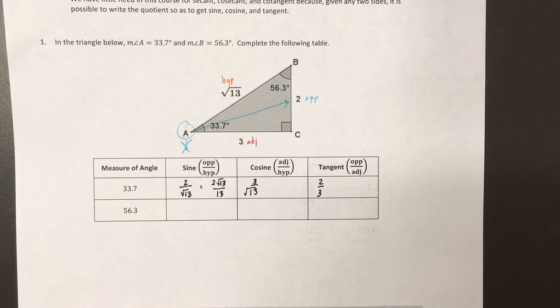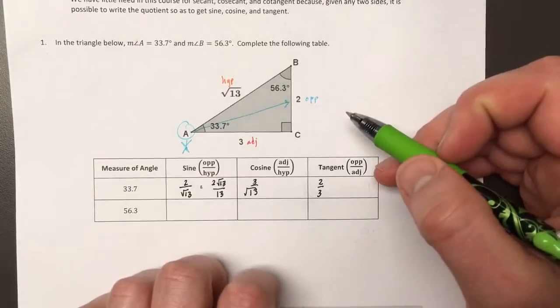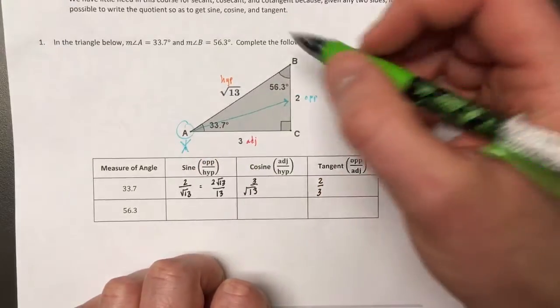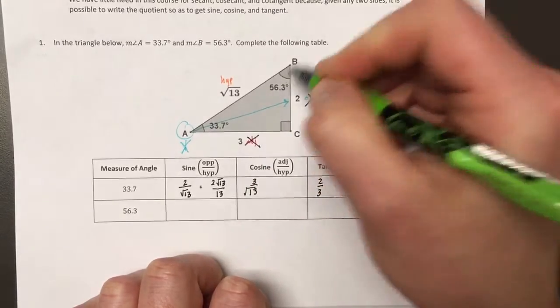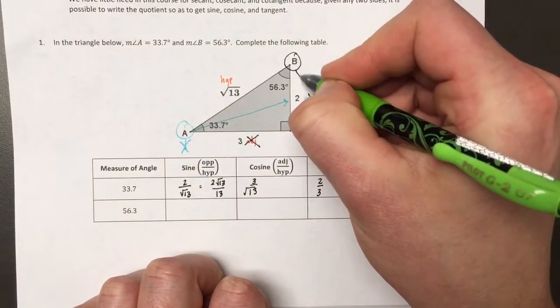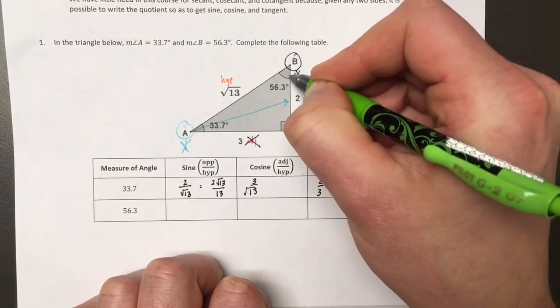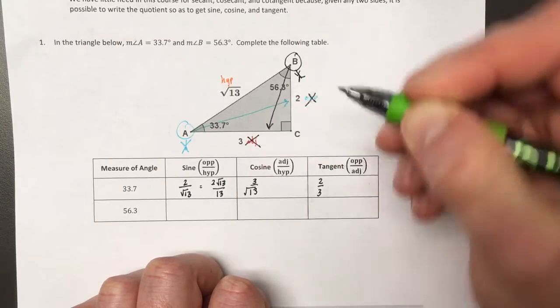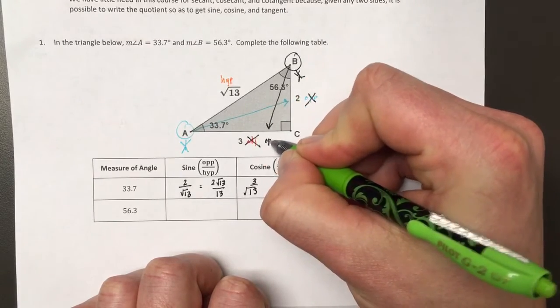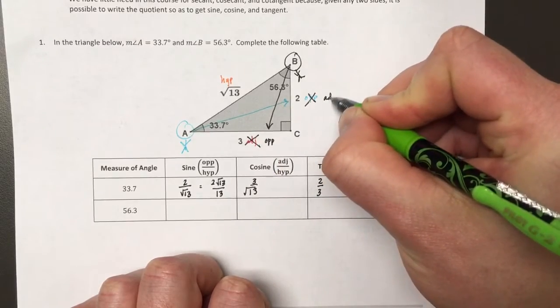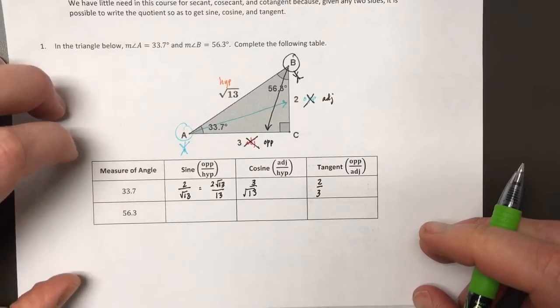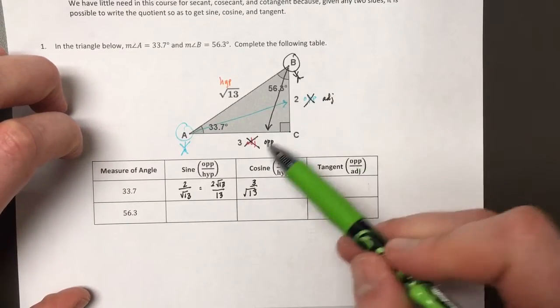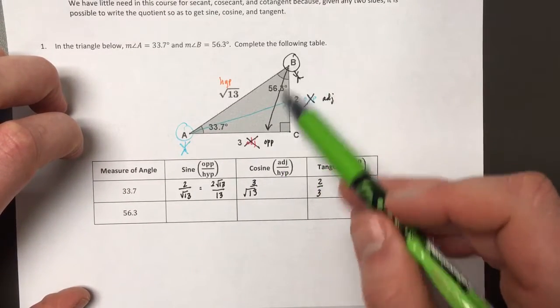Here's what makes these additionally difficult: when they change the angle on you, you have to relabel all this. Adjacent goes away, opposite goes away, and now my little man or woman is here at B, and I have to rewrite these. So this becomes my opposite, this becomes my adjacent. That's something to take away. There are patterns within this, and it has to do with whatever your reference angle is.